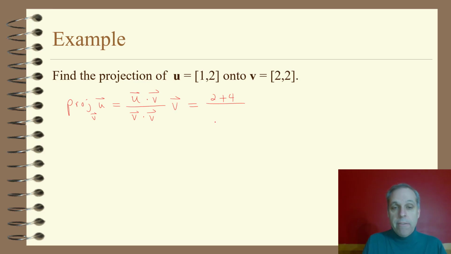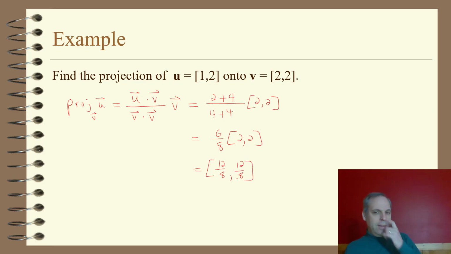And in the denominator, I have v dotted with v, so it's 2 times 2, which is 4, plus 2 times 2, which is 4, and that's times the vector v, which is (2, 2). That would then be 6/8 times (2, 2). And if you want to multiply that out, you can, in order to get (12/8, 12/8).